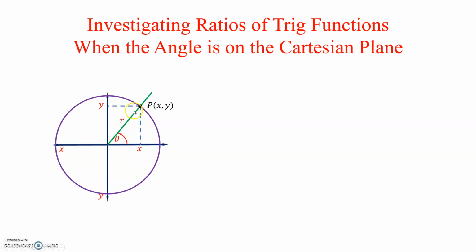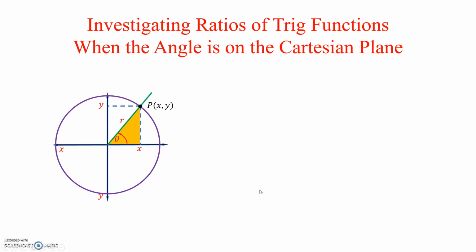And of course, from here to here is our radius because we do have a circle. The distance from the center out to the circle would be our radius. So we have these three variables, the x coordinate, the y coordinate, and r for our radius.